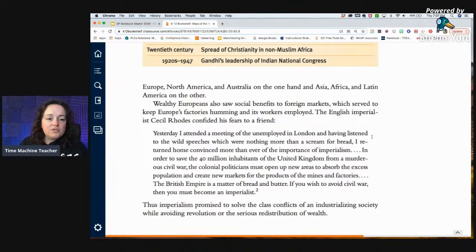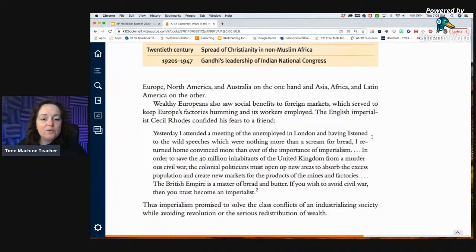Wealthy Europeans also saw social benefits to foreign markets, which served to keep Europe's factories humming and its workers employed. The English imperialist Cecil Rhodes confided his fears to a friend. So Cecil Rhodes is one of the most famous imperialists. We'll see him in some of the political cartoons we're going to look at later. He says, "Yesterday I attended a meeting of the unemployed in London, and having listened to the wild speeches, which were nothing more than a scream for bread, I returned home convinced more than ever of the importance of imperialism.